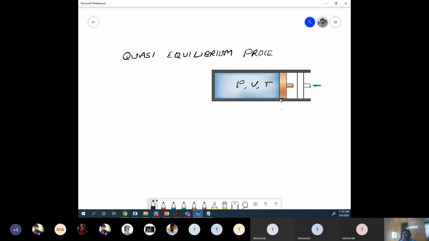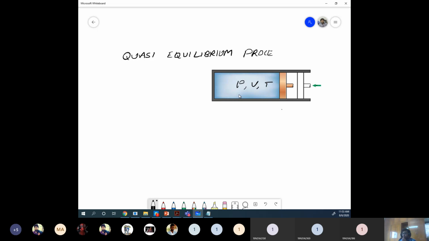You are not required to look at what is happening at this junction. Intuitively, you know there is a friction process going on; in the real world you will have friction. If you are moving it slowly, then there will be no contribution from friction. That will be very marginal, and you can ignore the losses because of that friction. If you are doing fast compression, then the friction also should be considered.